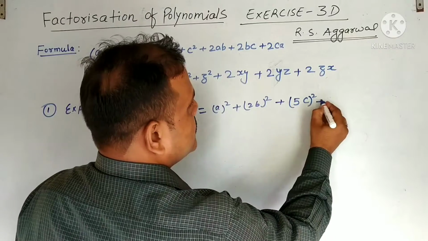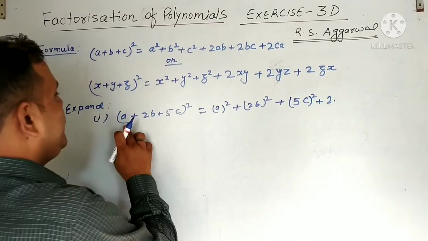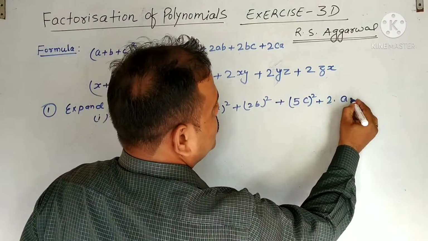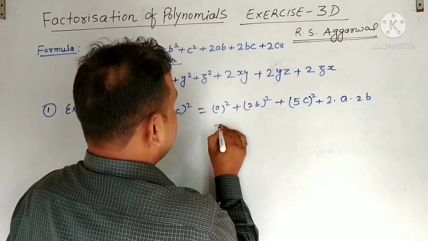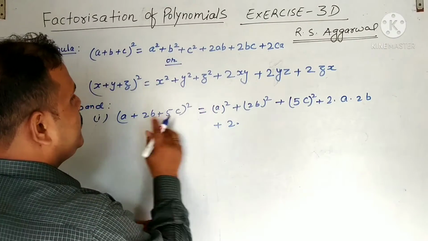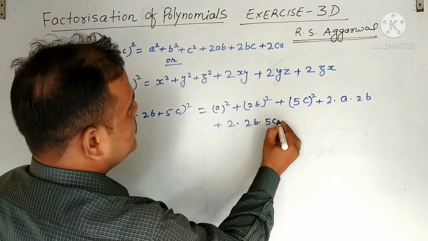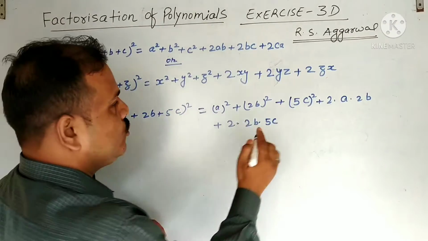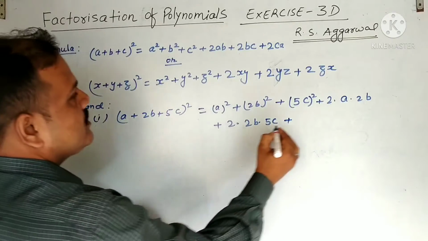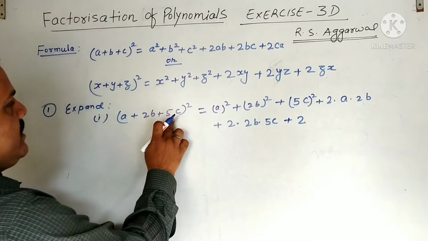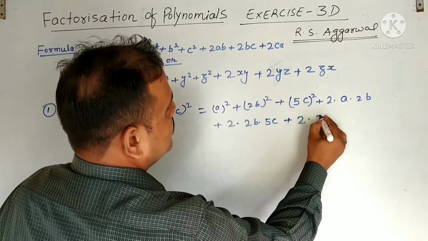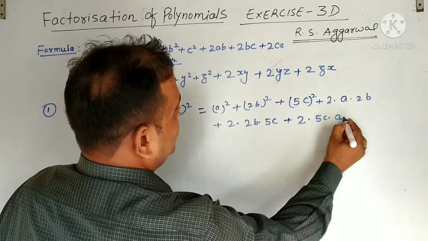Plus 2 into a into 2b, plus 2 into 2b into 5c, plus 2 into 5c into a.